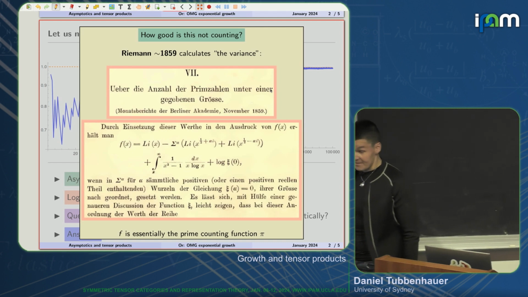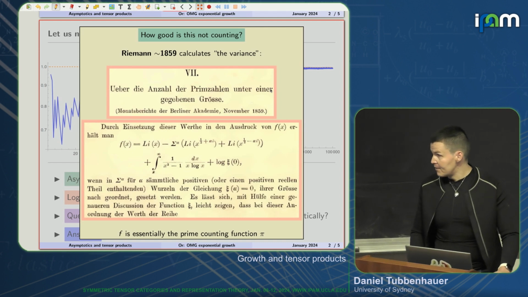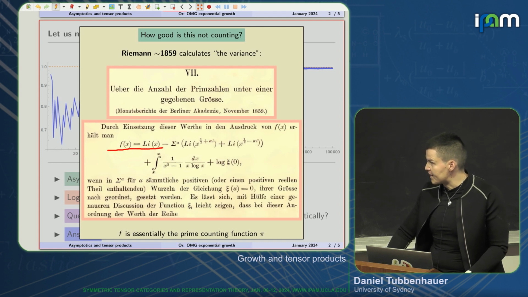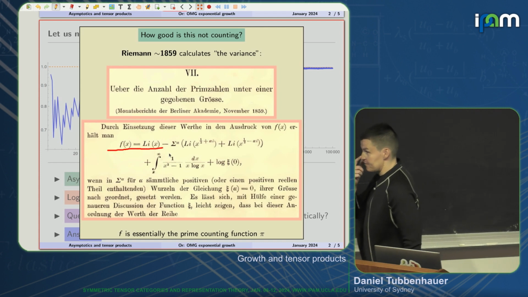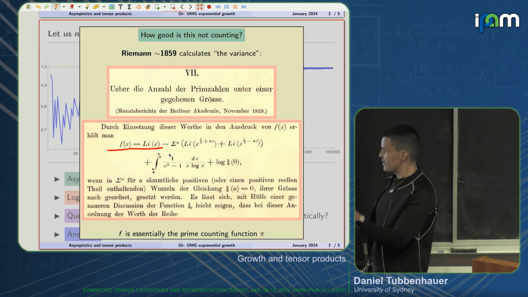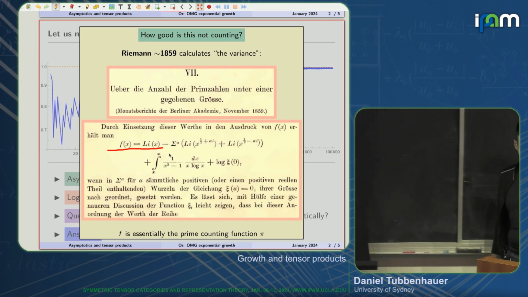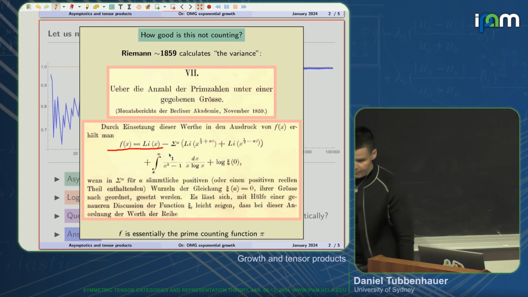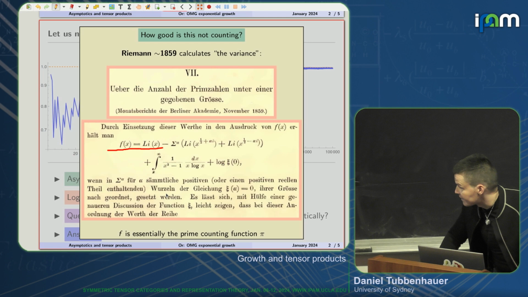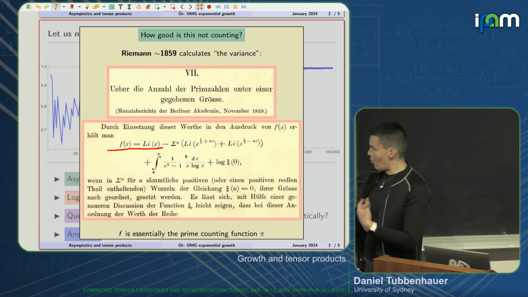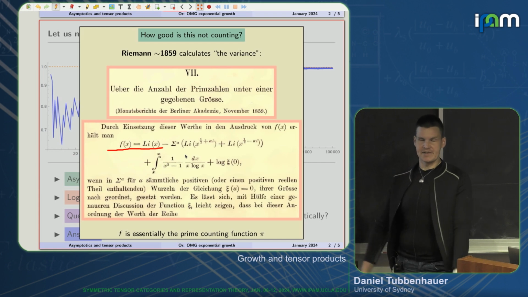But essentially what it says is, Riemann wrote down, in the paper you'll find that, f in Riemann's notation is essentially what is pi in my notation, and Li is a logarithmic integral. So pi is Li up to some error term, and the error term, as Riemann writes here in German, which I will translate in a second, runs over all non-trivial roots of the zeta function.